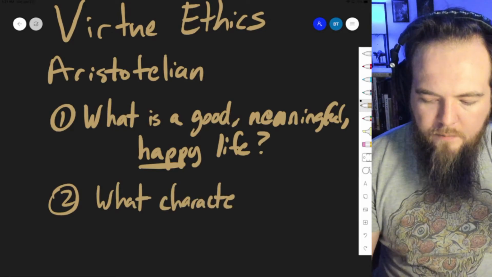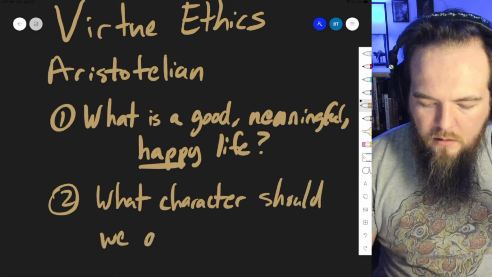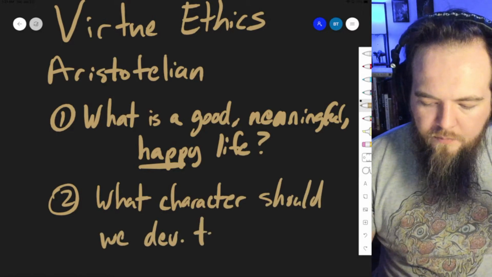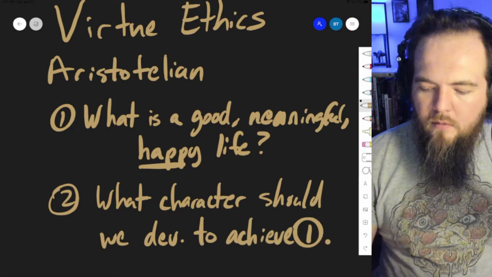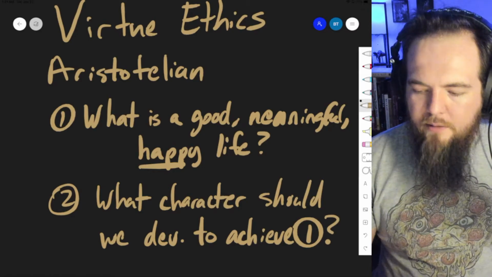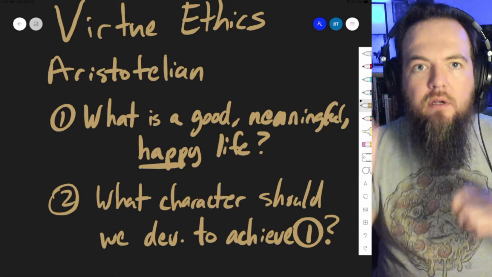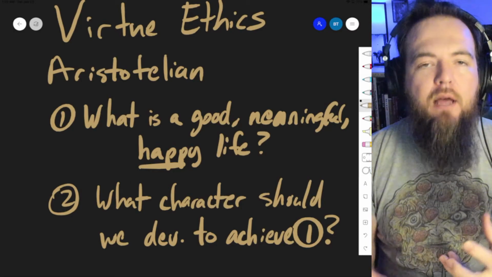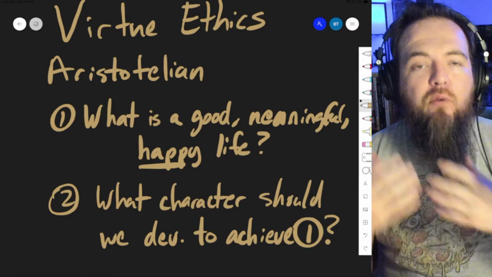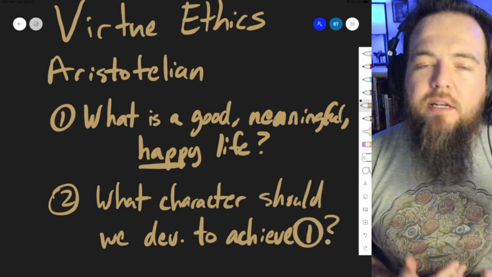So what character should we develop? I'm going to abbreviate develop to achieve. Because now the question is, given that we're all interested in leading a happy life, a meaningful life, a life that we consider good, what Aristotle calls a complete life that's missing nothing.